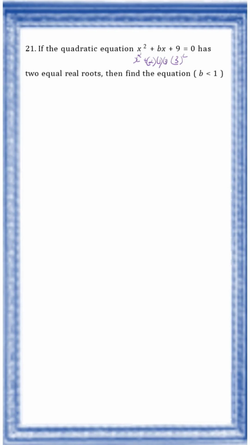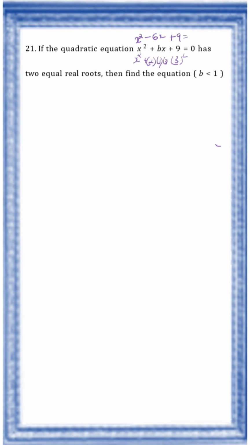So b is 6. But b is lesser than 1, so it is plus 6 or minus 6. Since it is lesser than 1, we have to take minus 6. So the equation is x square minus 6x plus 9 is equal to 0.